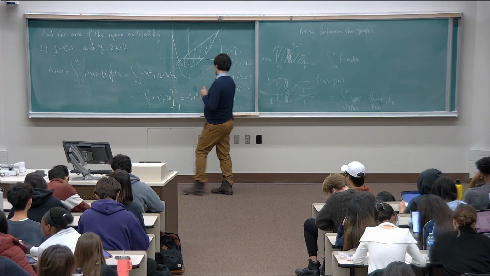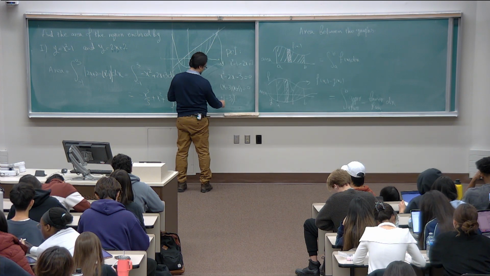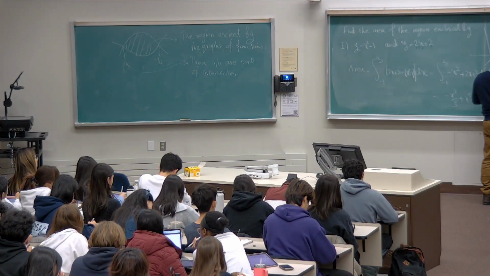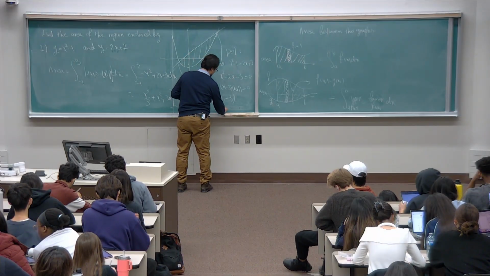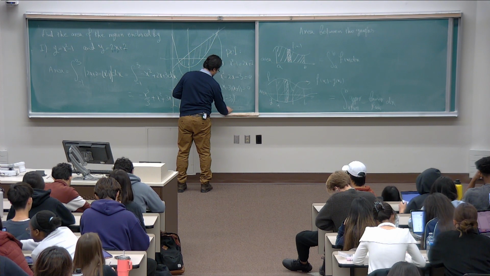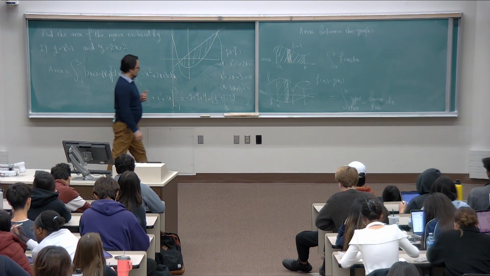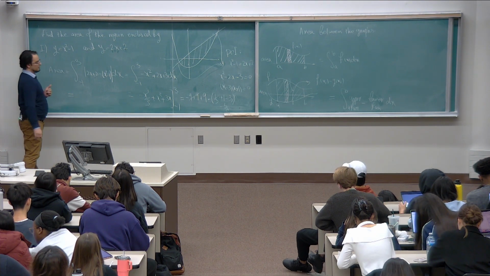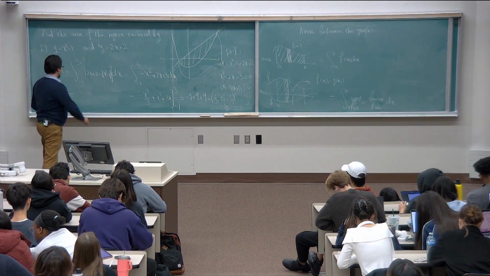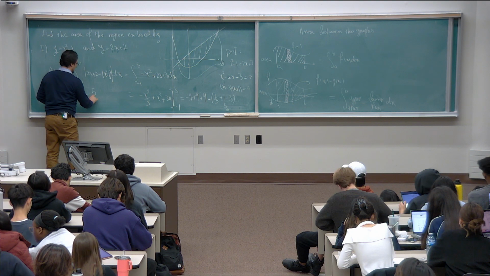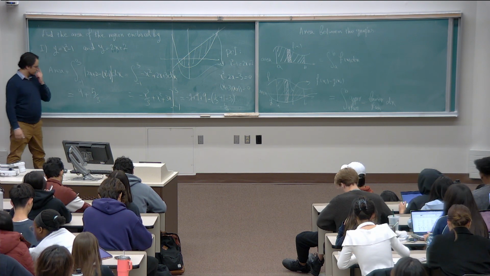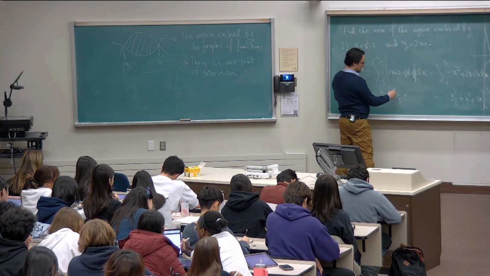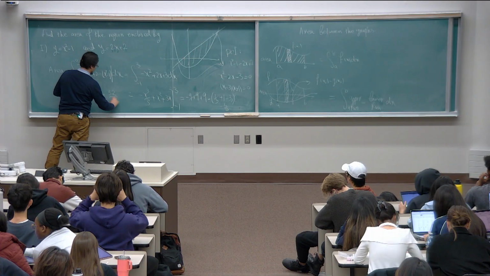Yeah, these two cancel. Here I have negative 2 plus 1 over 3. That is negative 5 over 3. So the value, I will write it here, sorry, is 9 plus 5 over 3, which gives me 27 plus 5, 32 over 3.